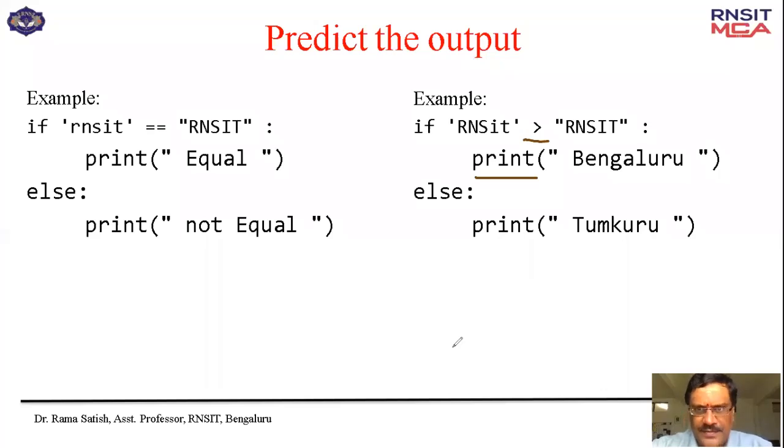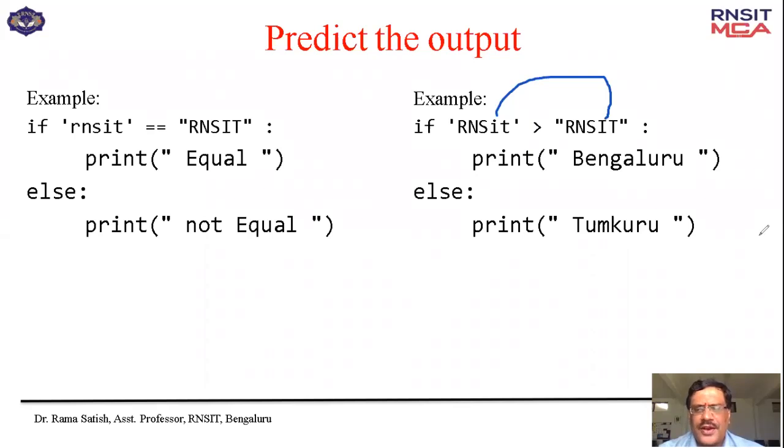It will check the first character: R and R are the same, N and N the same, S and S the same. There is no problem. The comparison is between small i and capital I. It compares character by character. Small i has a greater ASCII value than capital I, since uppercase I has a lesser ASCII value.